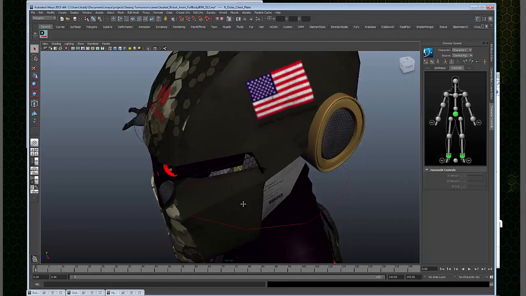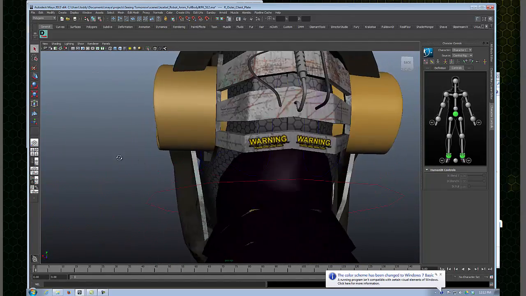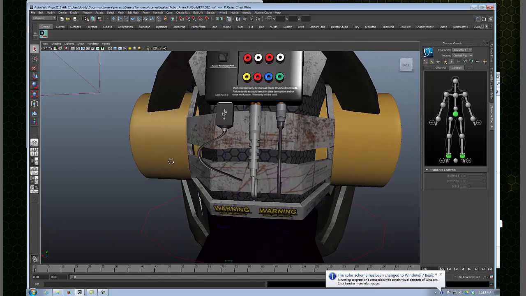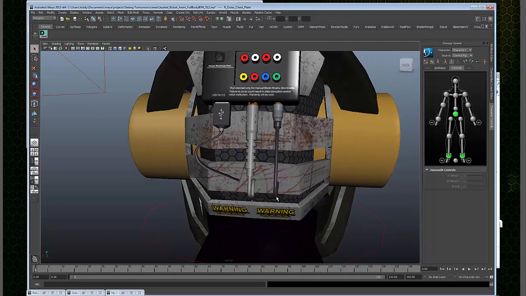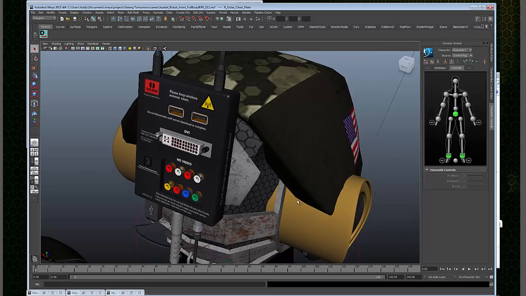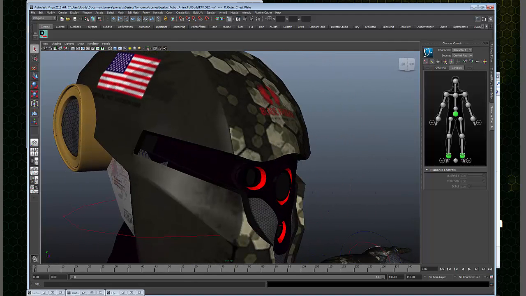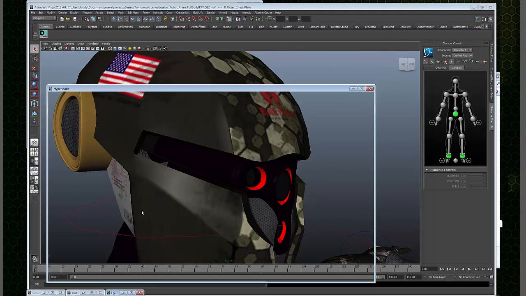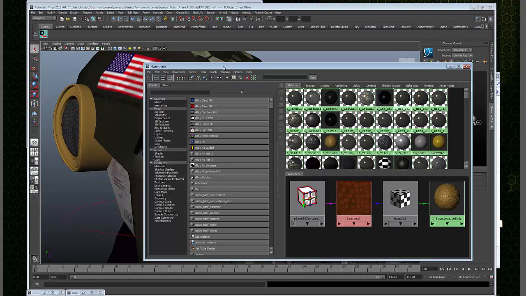So just that one section contained 800 megabytes of textures. Times the number of plates and panels and textured items on his body, and it can easily become terabytes of information.